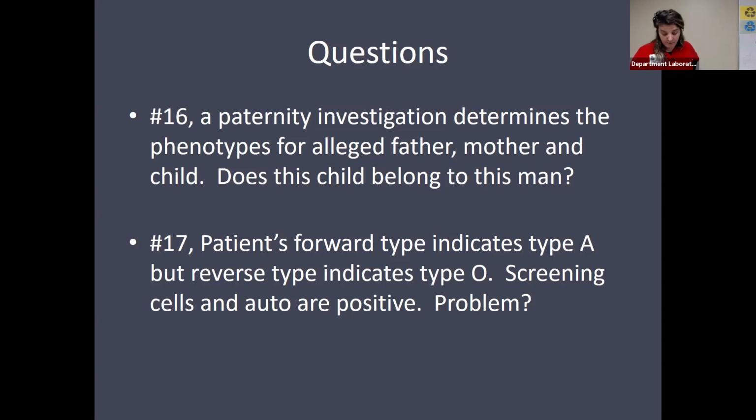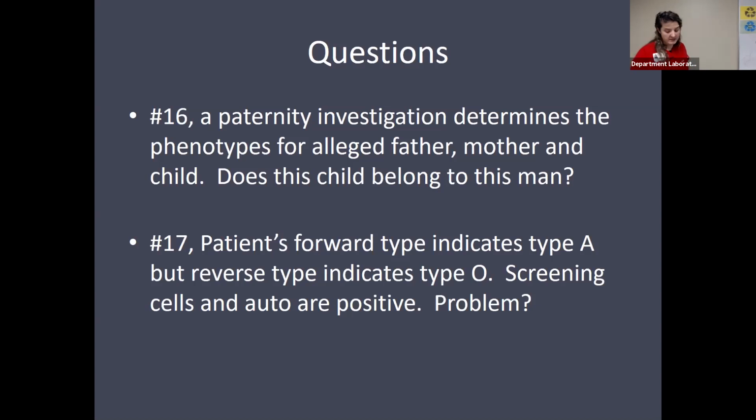Could be anti-A1. What else could it be? Could be some type of cold reacting antibody as well. What next step would you want to do when you suspect a subgroup of A? A1 lectin and A2 cells. We're not given that result, but we are given the screening cells.